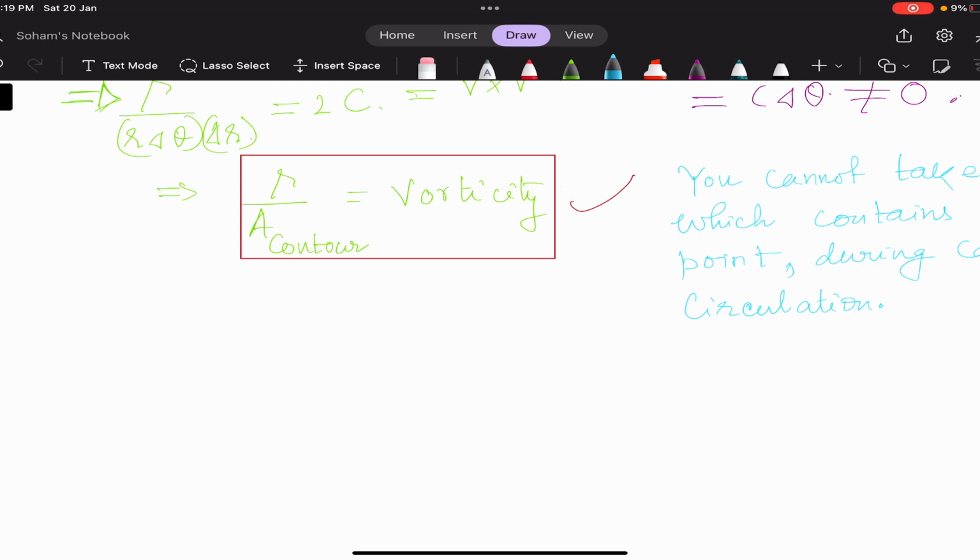Now let me talk about a very important theorem in vector calculus, that is called Stokes theorem.